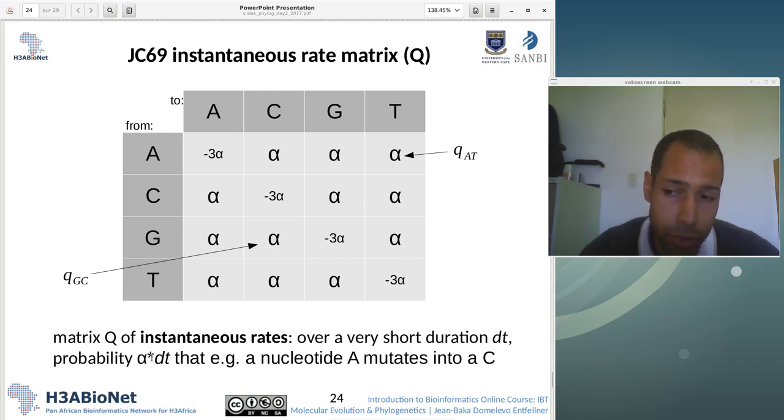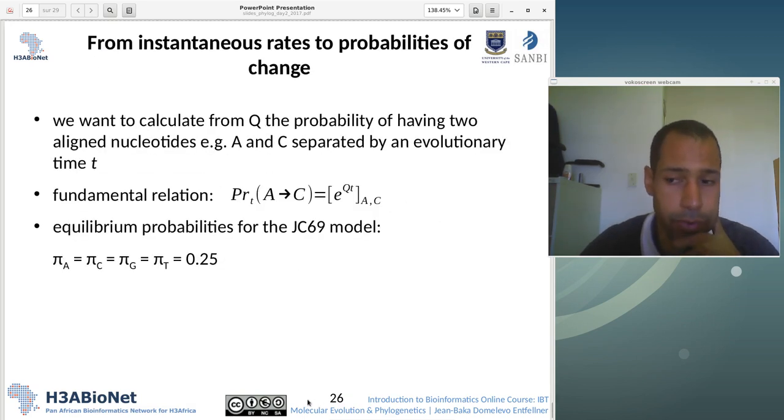So it's very different when you observe a long amount of time. During a long amount of time, you may have several mutations at the same site for the same nucleotide, okay? So we have to find out how to calculate the probabilities that, starting with an A, for instance, at a certain time 0, after a time t, I have a C, okay?